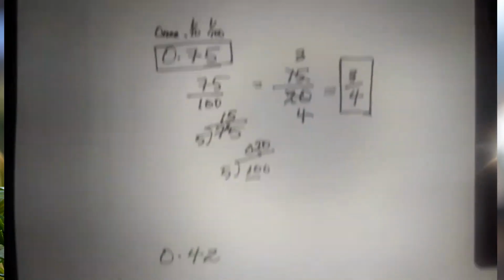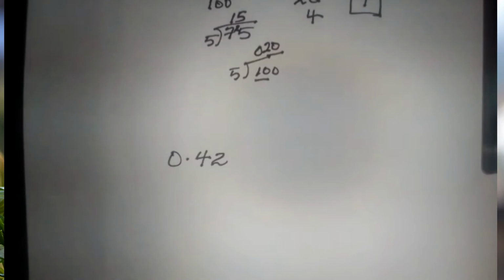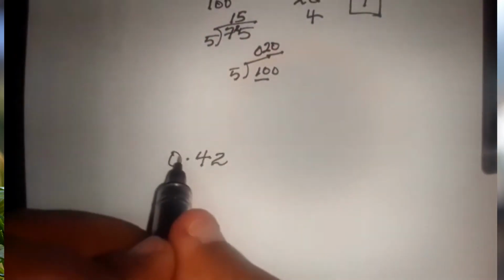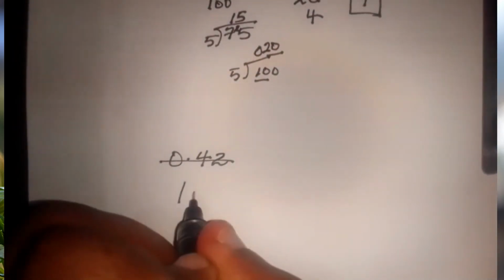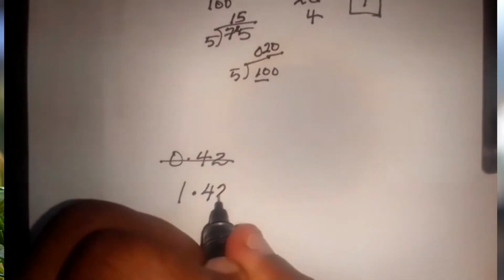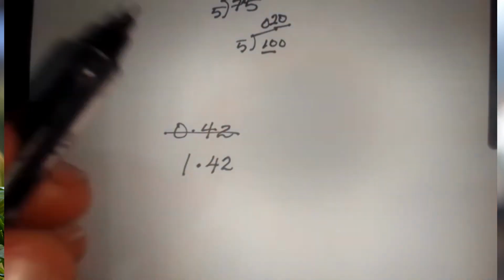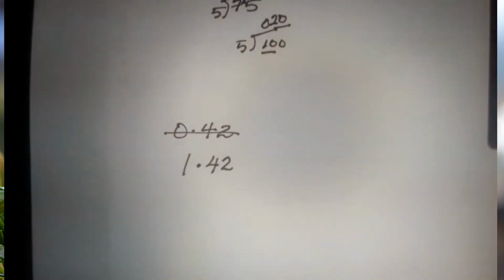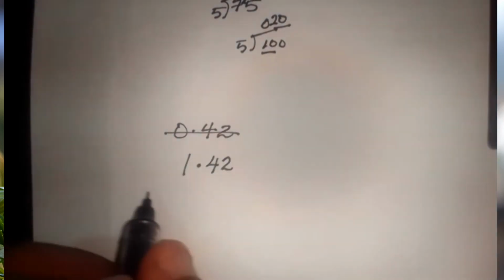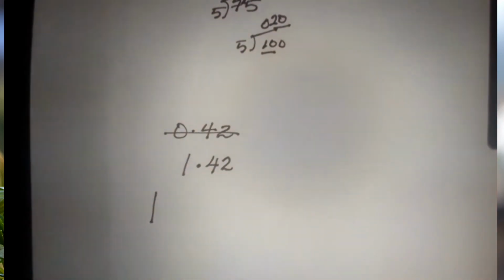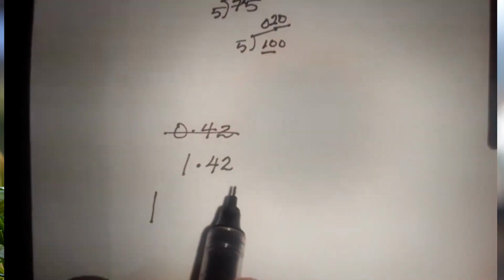One last example. And I think I want to change this from being a 0 to a 1. So 1.42. Well, when you check it out, 1 is in the ones column and 1 is a whole number. So I'm going to have my 1, and I'm going to treat it separately from my decimals.